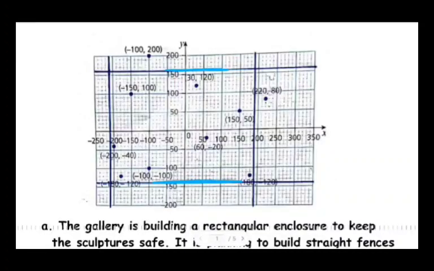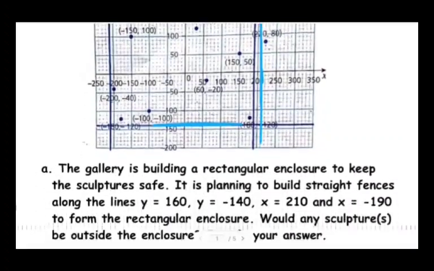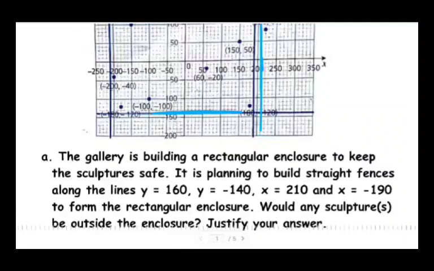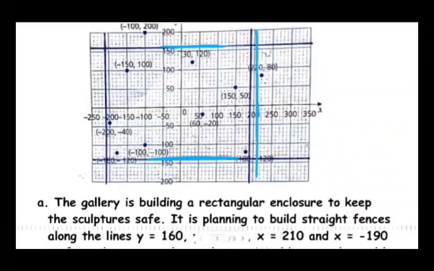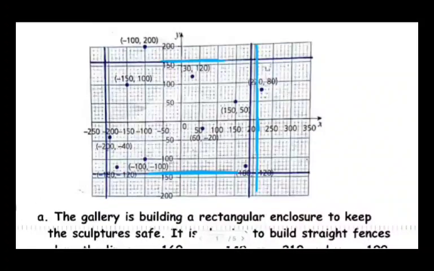It is 50, 200, this one right here. Then x is equal to minus 190. Minus 190 is here.